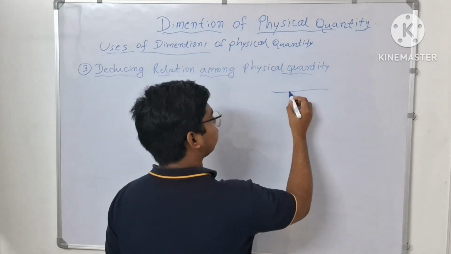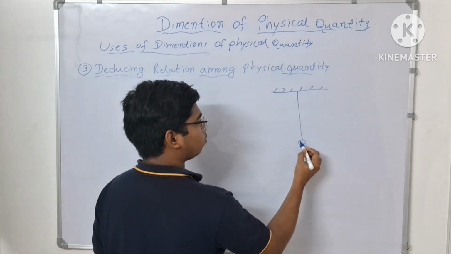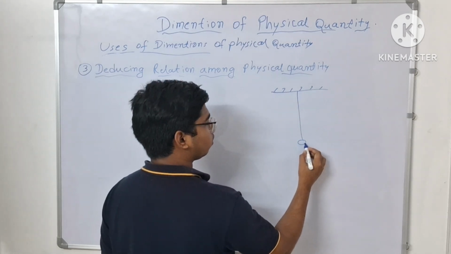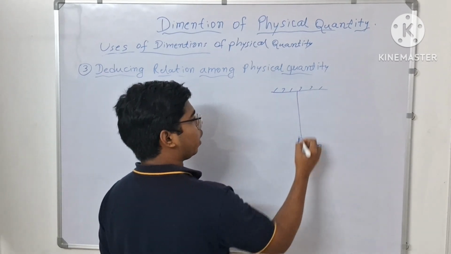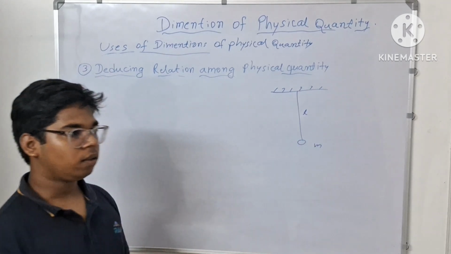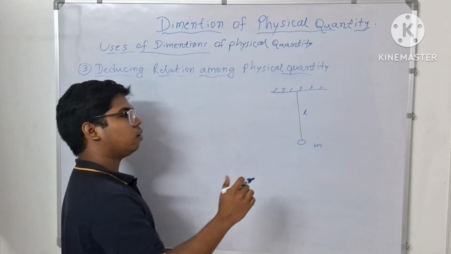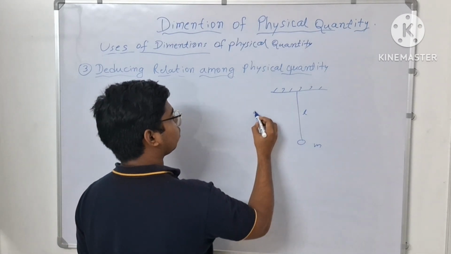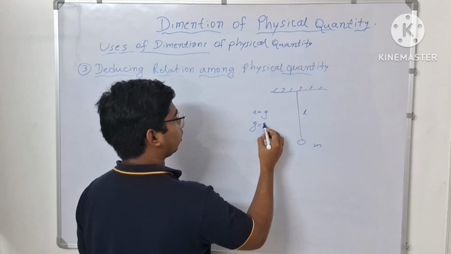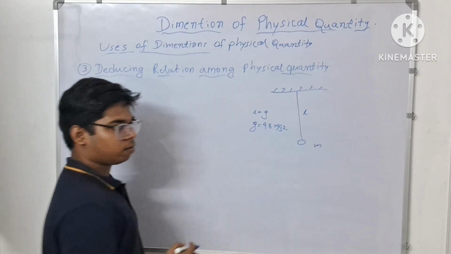Let's consider a simple pendulum connected to a support. Its mass is m, the length of this string is L, and it is in earth's gravity, so the acceleration is g. The value of g is 9.8 meter per second square.